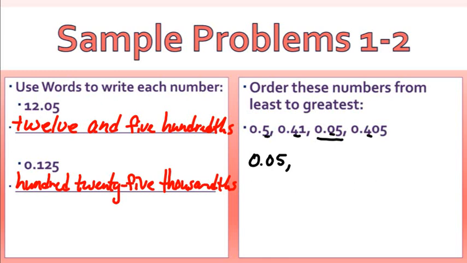So we would put this down as 0.405, then we would have 41 hundredths, so 0.41, and then our biggest one would be 0.5.